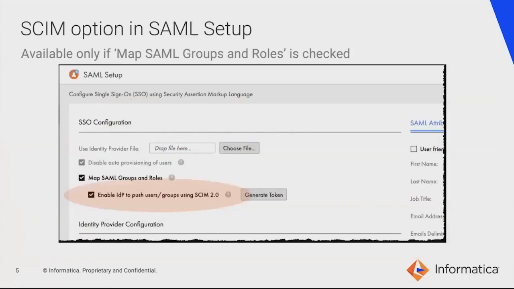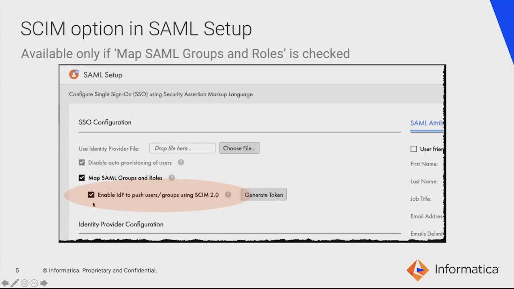So how do you enable this option in the IICS platform? You would go into your administrator console once you log into IICS, and then once you click on SAML setup in the list of options, you would see this checkbox which says enable IDP to push users and groups using SCIM 2.0.